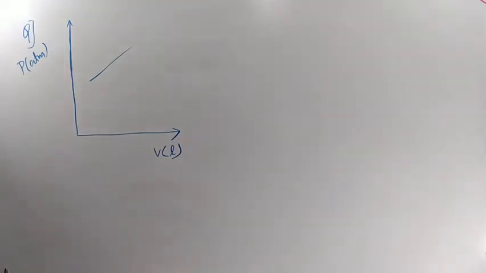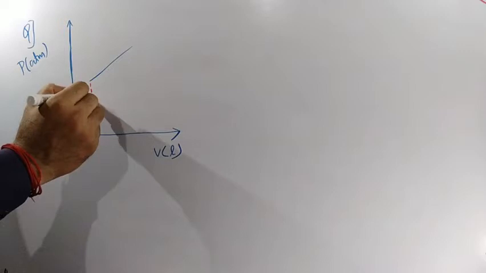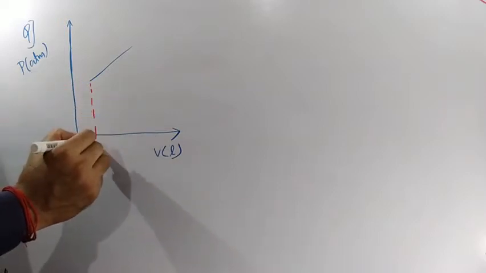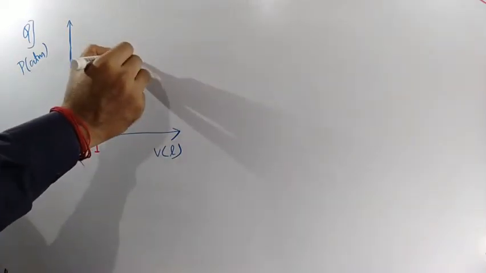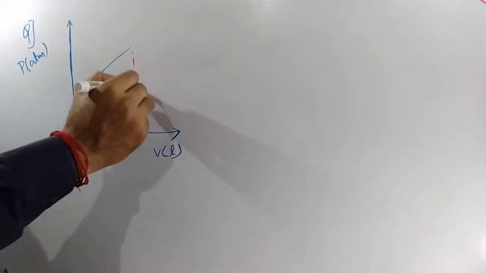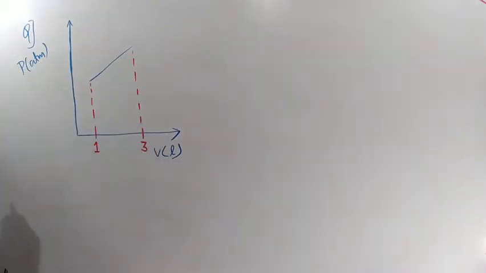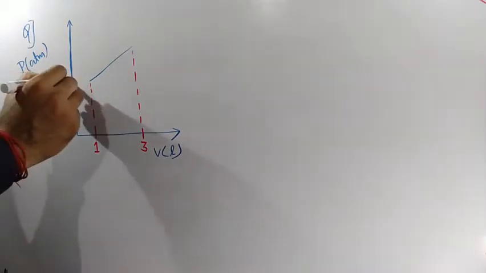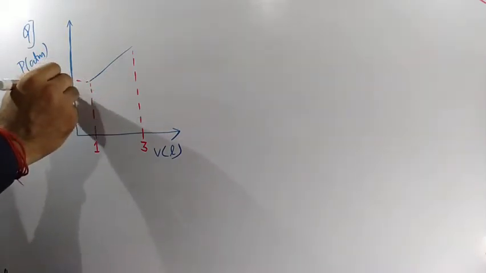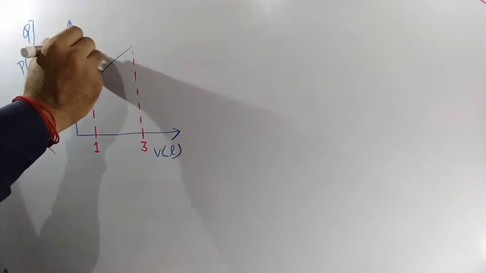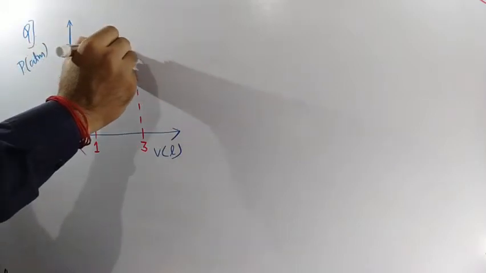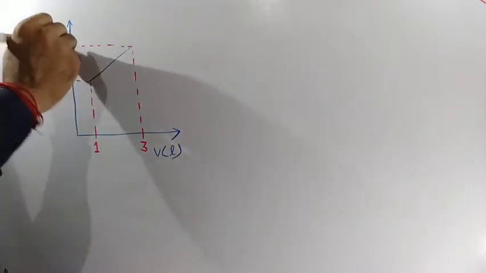Again they had given that this value is 1, this value given as 3, this value given as 2, this value given as 4.